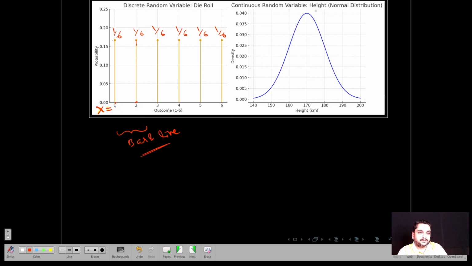Now for example, the same thing, the height of a person in a class. So this is the height on the x-axis, and the y-axis is the density or the density function. I'll explain that in the continuous probability distribution. So the probability again of what this height is. See, at this point it is around, say, 150.5, something like that.